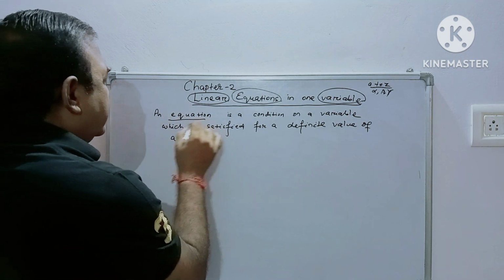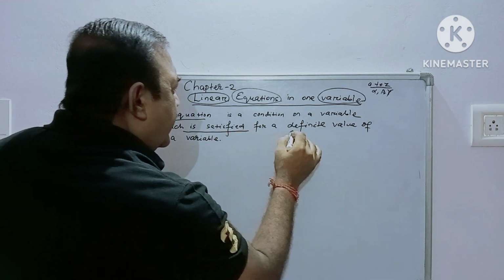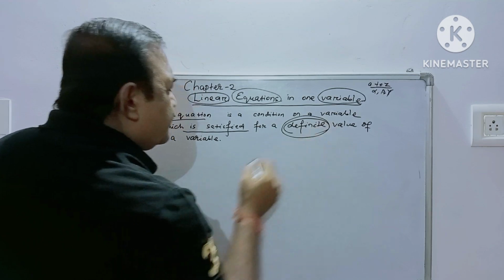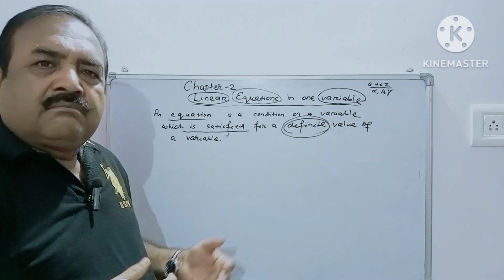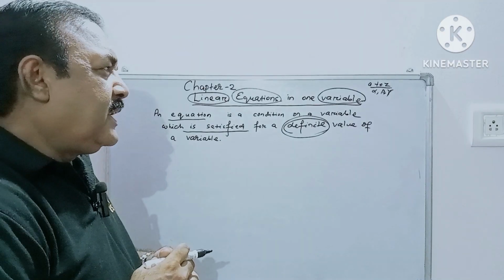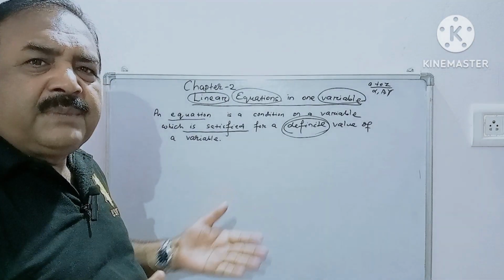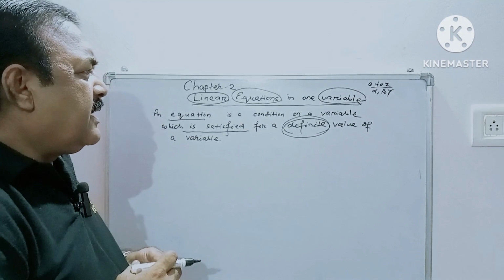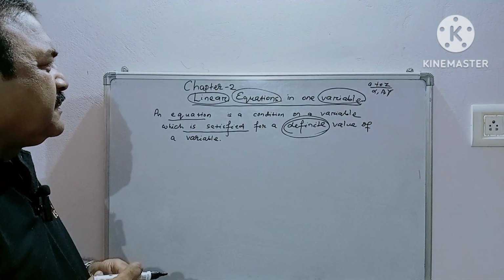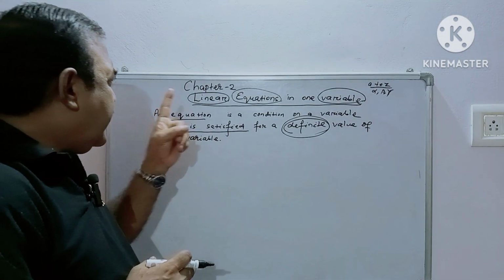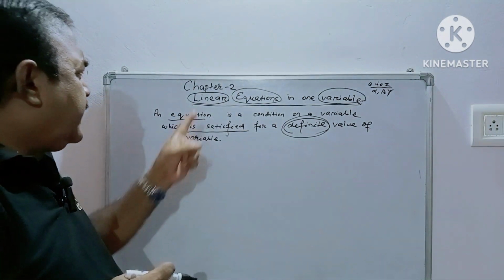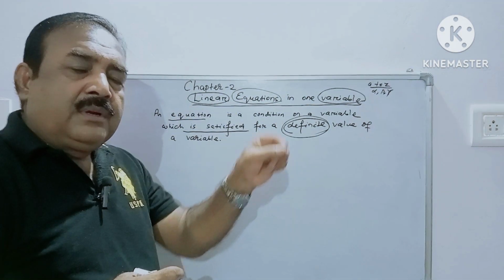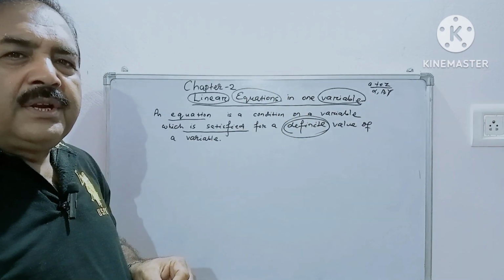That means the equation is satisfied for a definite value, because the variable, you see, it has no constant values. It varies, means changes. You cannot say. But an equation, it creates a condition. It gives a definite value to the variable, to the literal.